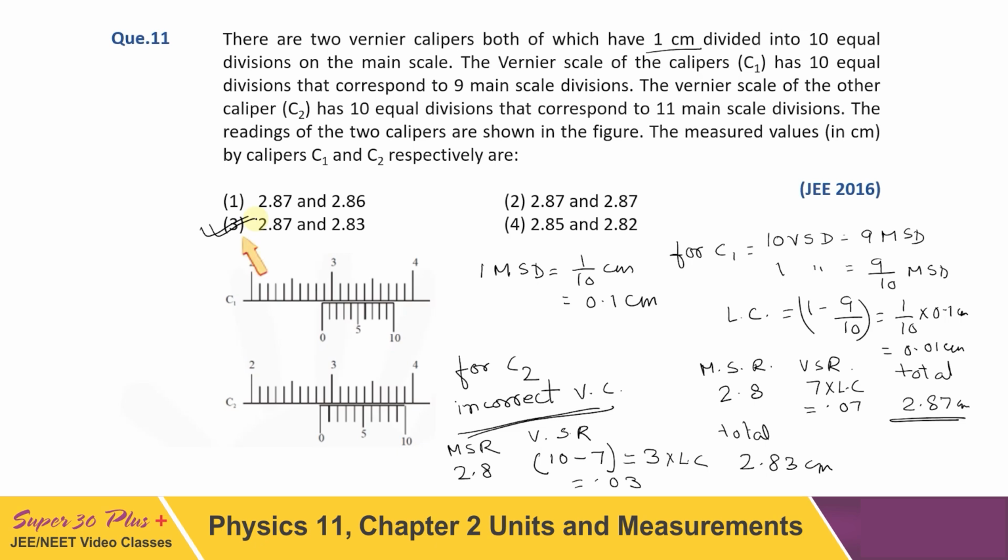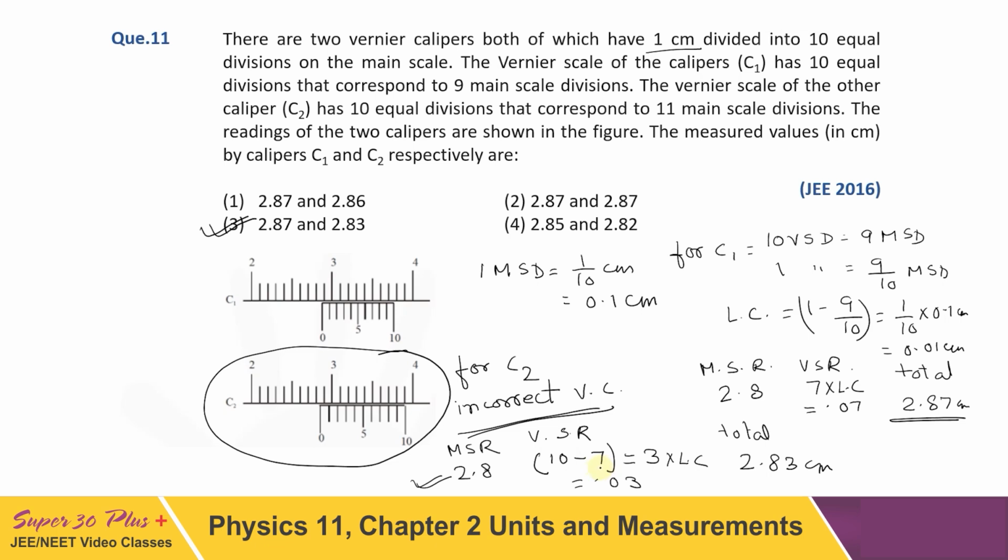This question is very important because in this a caliper is provided which has incorrect calibration. So if you get the least count as negative, how would you take the readings? For the vernier scale reading, you have to write the total number of divisions on the vernier scale minus the division which is exactly coinciding.